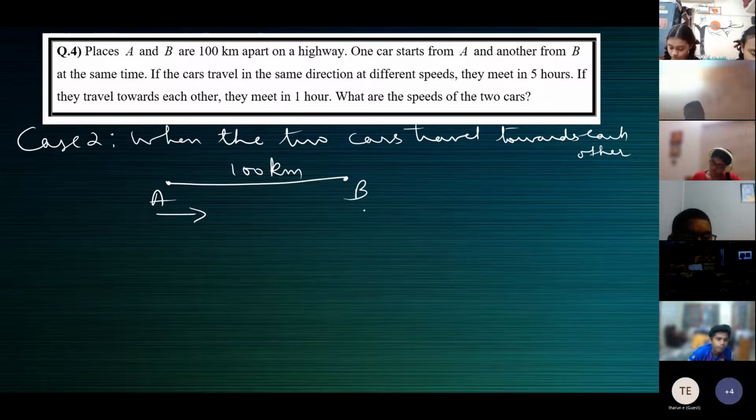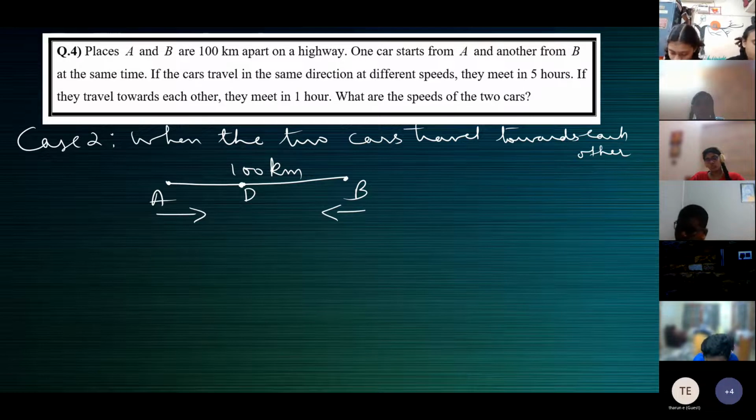This moves like this, this moves like this. They travel towards each other and say they meet here, at this point D. So from this line segment, what can you say? AD plus BD is equal to 100.